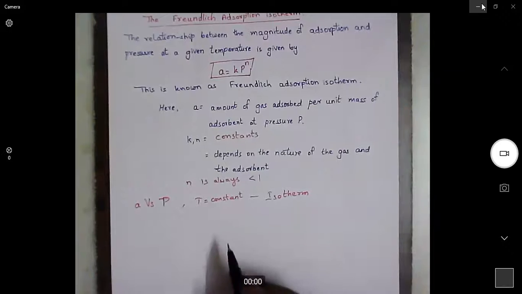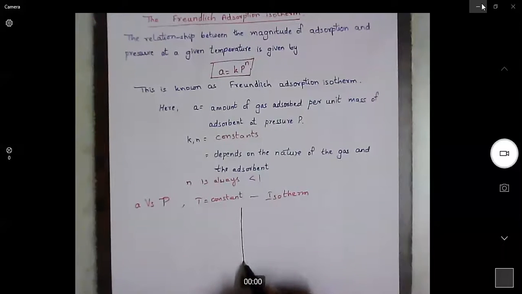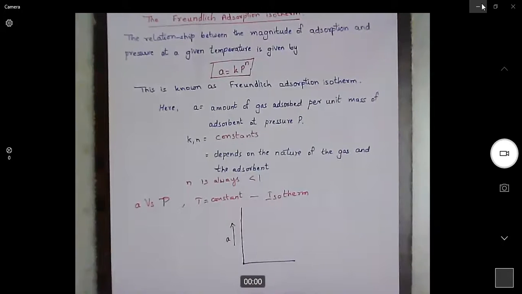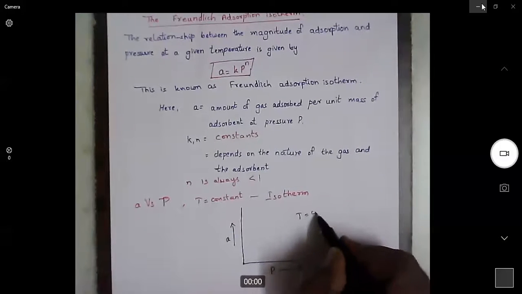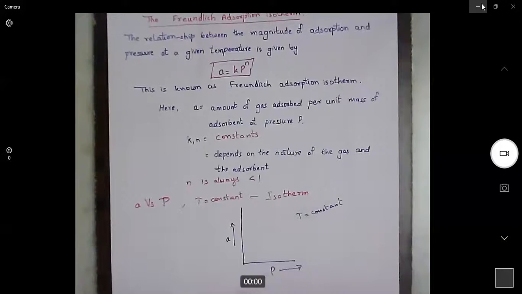What is the A versus P graph? Amount of gas adsorbed will be taken on the y-axis, pressure will be taken on the x-axis, and of course here T is constant. Now the graph looks like this.